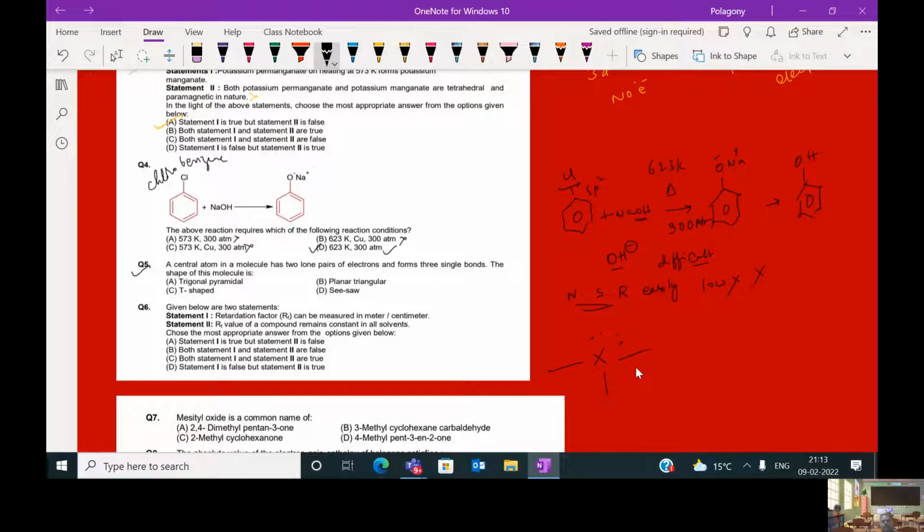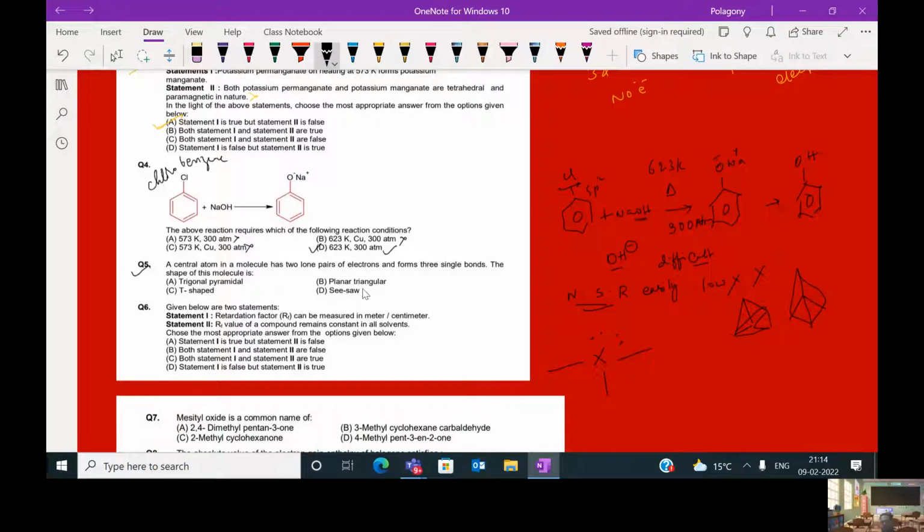Option A is the trigonal pyramidal shape.